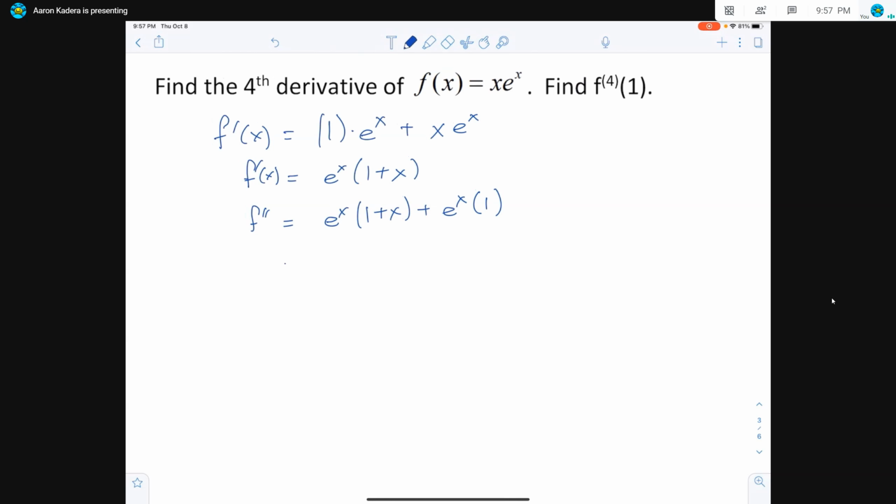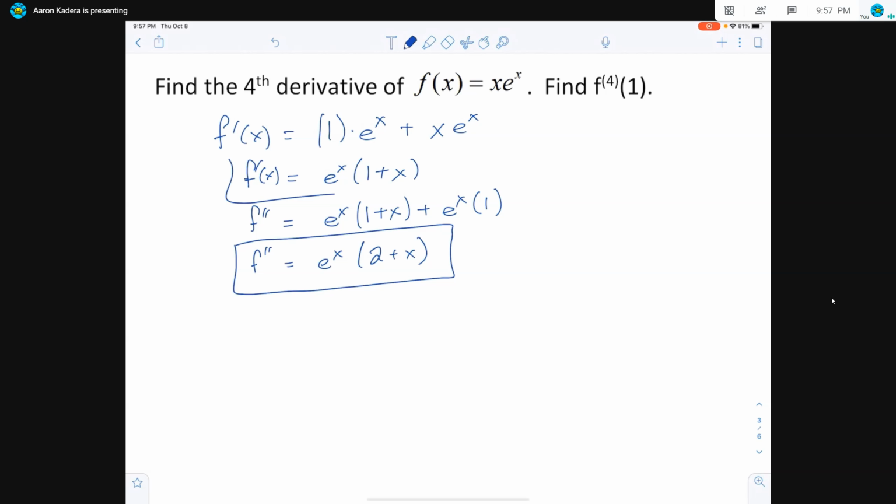So that basically means that we've got e to the x, and there will be a 2 plus x, because there'd be 2 1s left over if I factored out an e out of everything. Okay, so it looks like we're establishing a pattern here. So we had f double prime equals this, and it's just 2 plus x. That's 1 plus x.